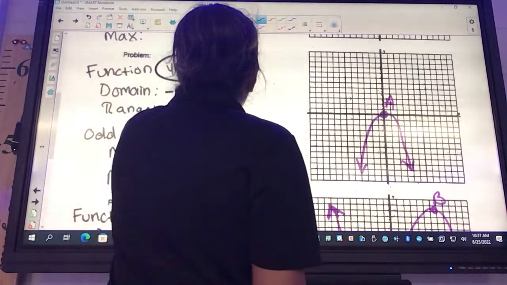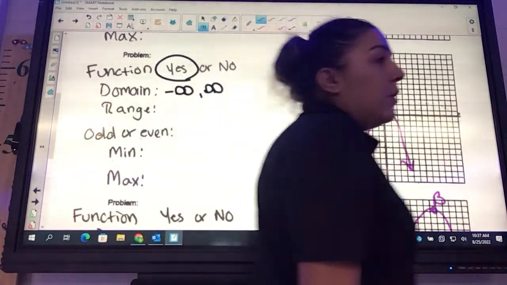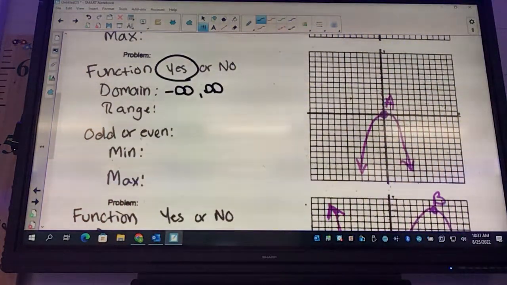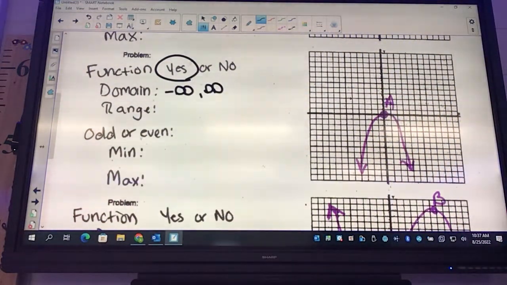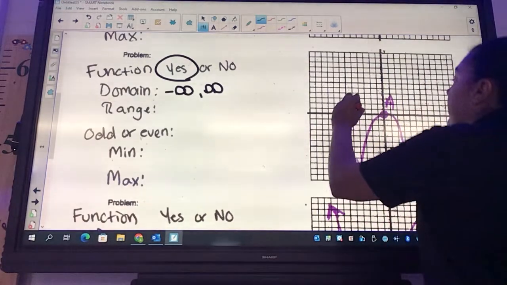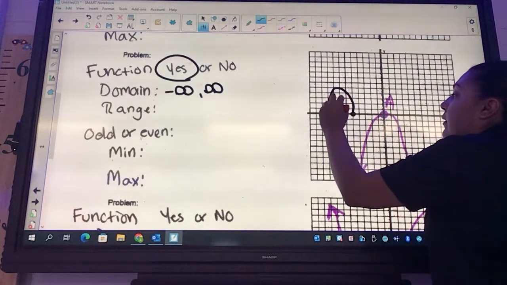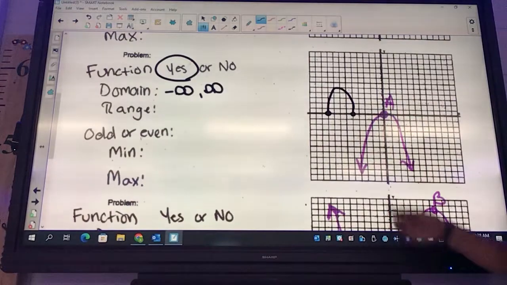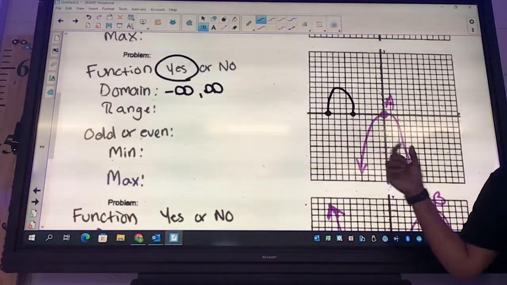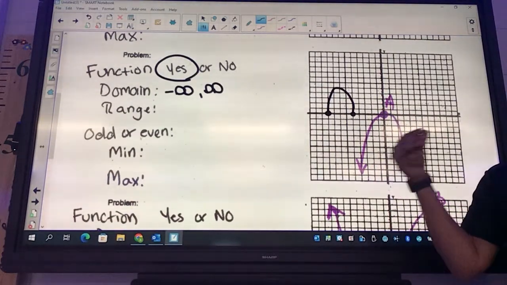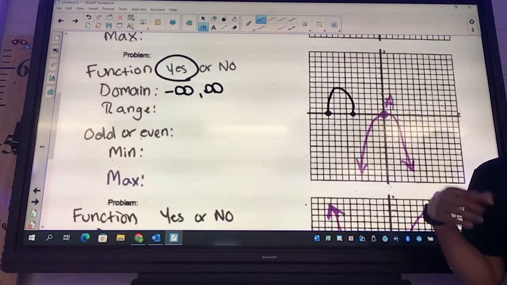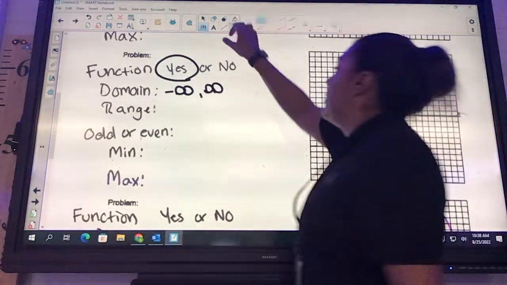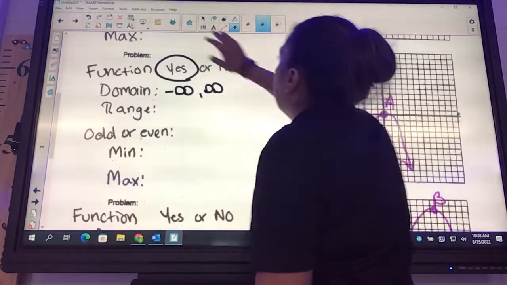Same thing. If you're not sure with the domain and range, if there are arrows on both ends, I would probably guess negative infinity to infinity. That's just your best bet.